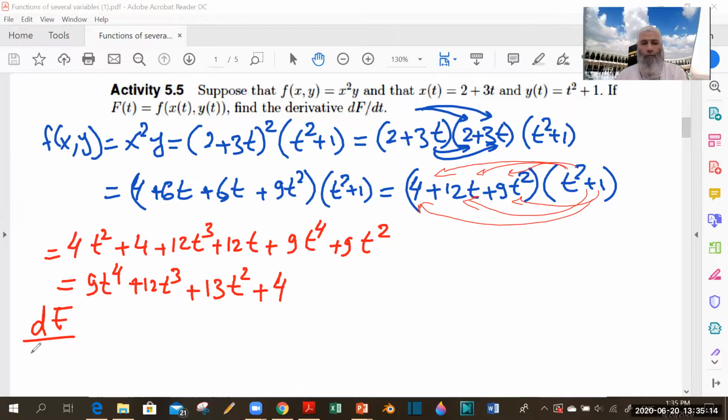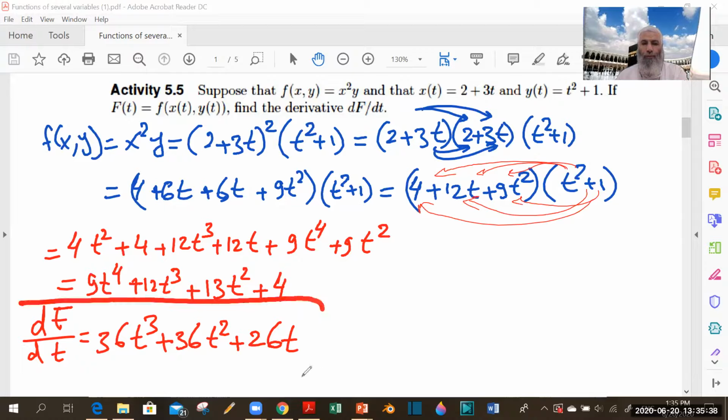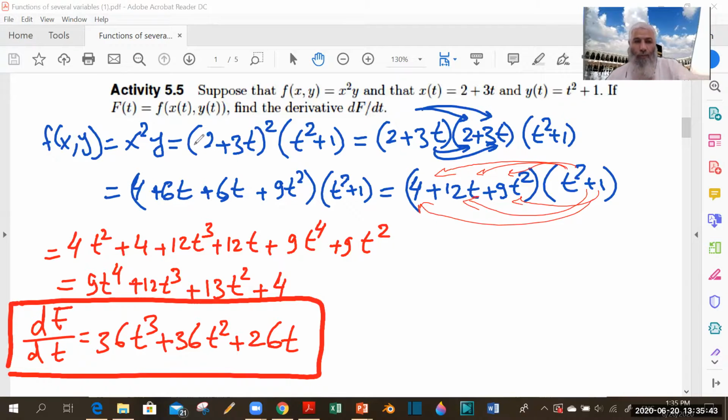df/dt is 36t cubed plus 36t squared, right? Plus 26t and 0. Something is wrong. Why? This is not the answer we got before. x squared y, and this is 2 plus 3t squared, y is t squared plus 1.